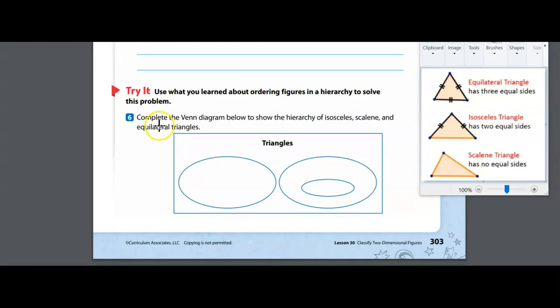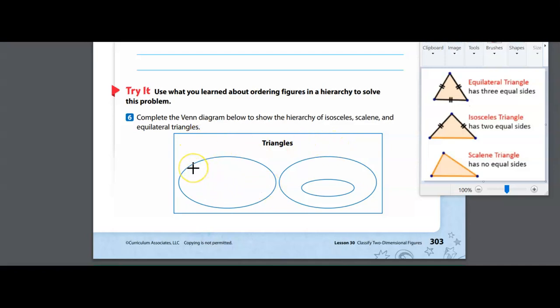So we're going to complete the Venn diagram below to show the hierarchy of isosceles, scalene, and equilateral triangles based off of what we learned in the questions above. So we identified that a scalene triangle would be in a category or a subcategory by itself. So within our Venn diagram, we see that the large box is the most broad category, which is triangles.